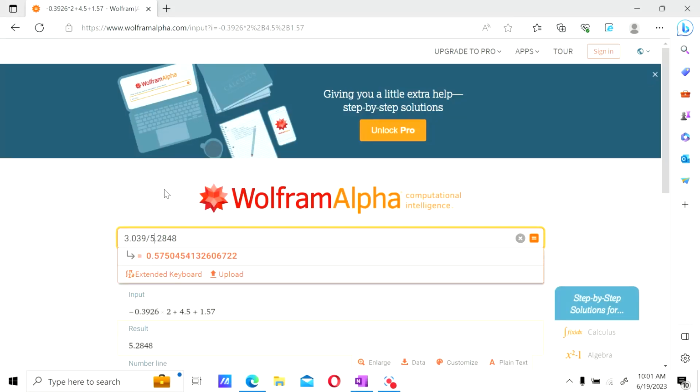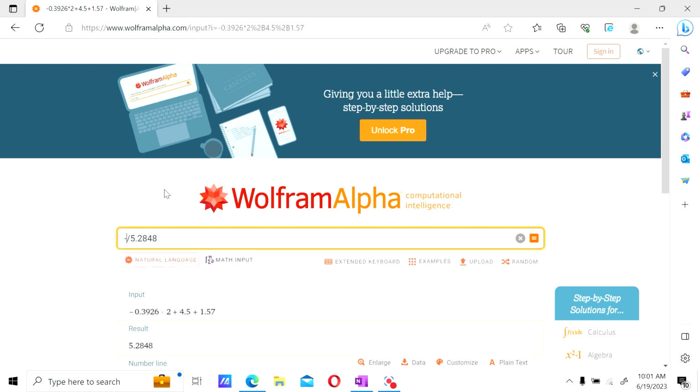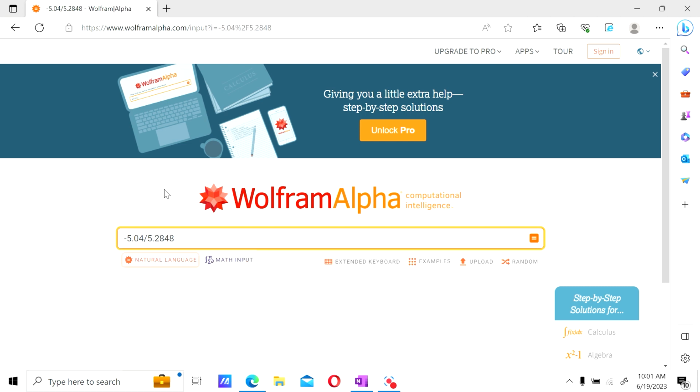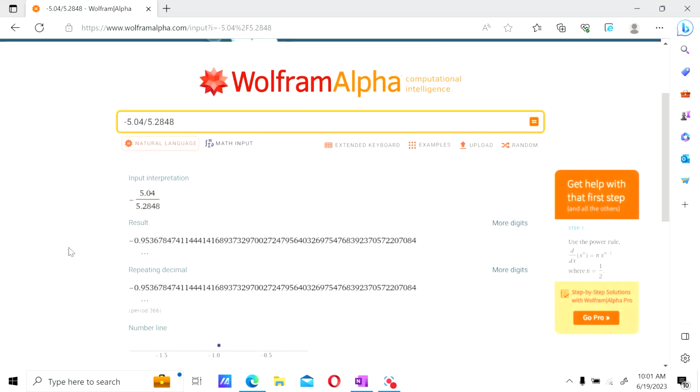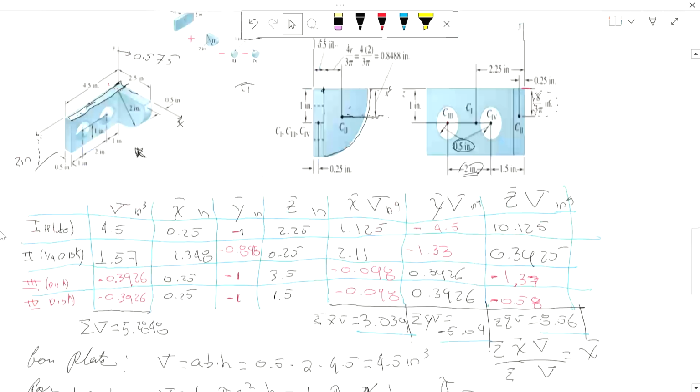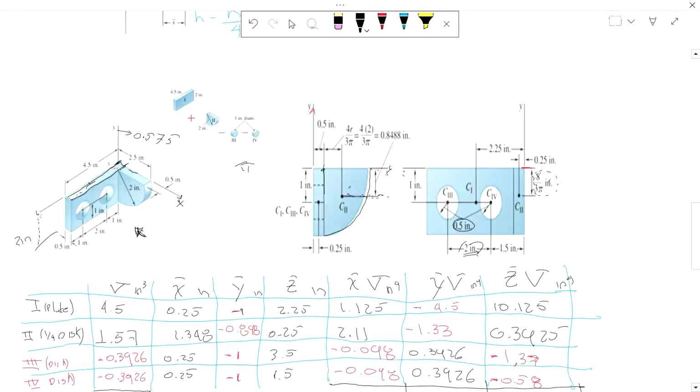Makes sense that it is negative because we have the coordinate axis in negative values. So it's negative 0.95. Our 0 y is at the top, so every y coordinate was negative.